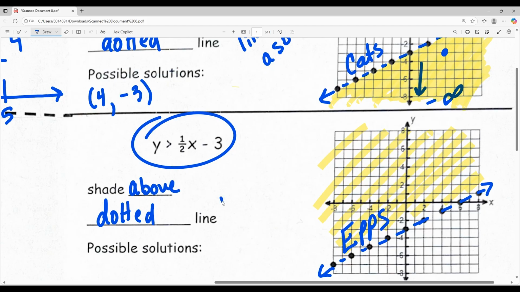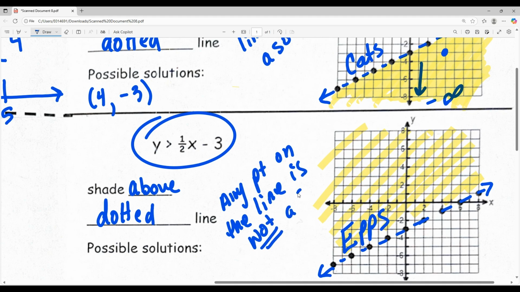To remind you, any point on the line is not a solution because it's open. This is open.